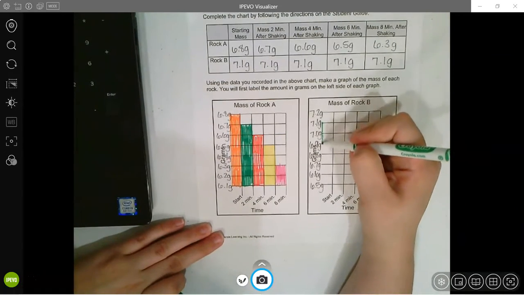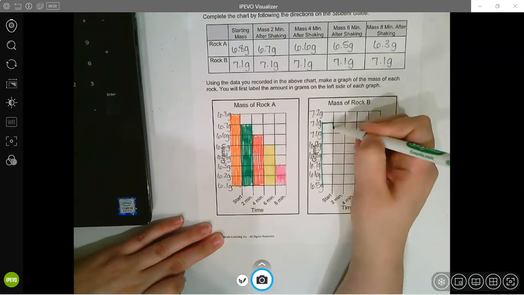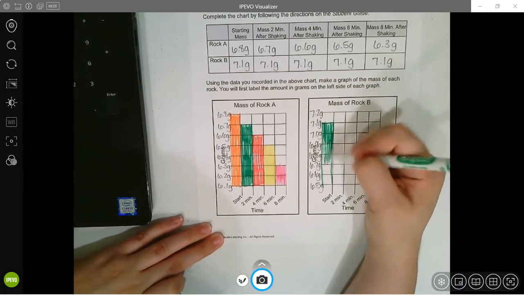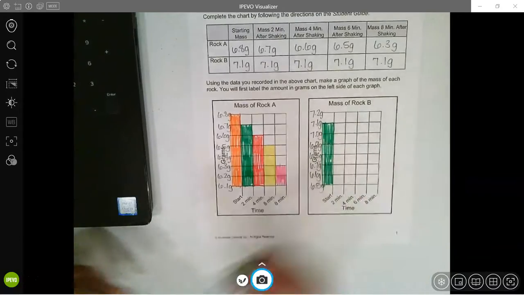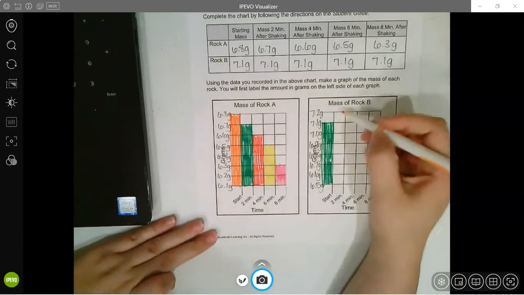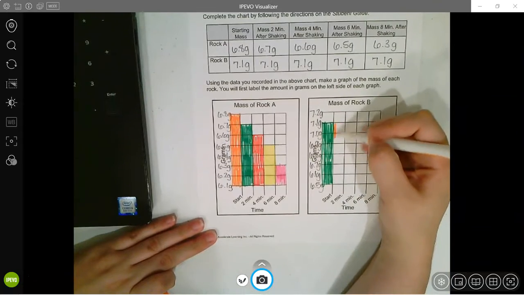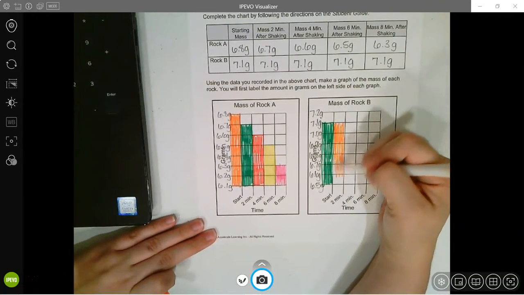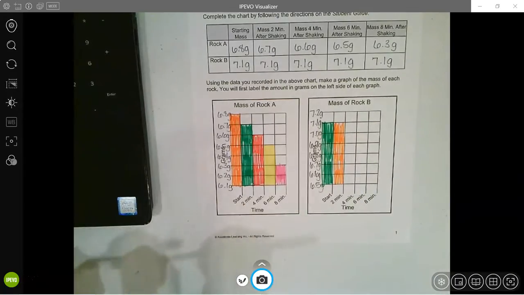Okay. And this one started off at 7.1. And then every time we shook it, it stayed the same. So that means it didn't lose anything.